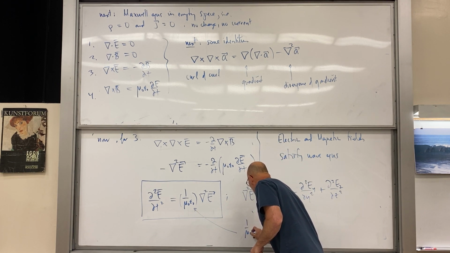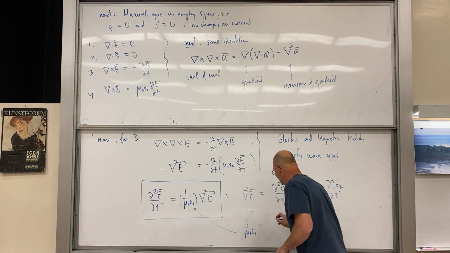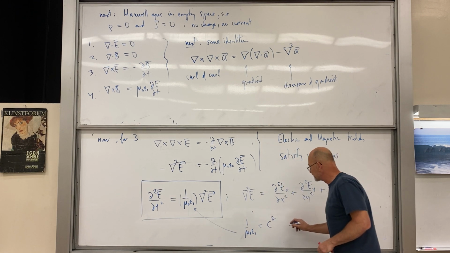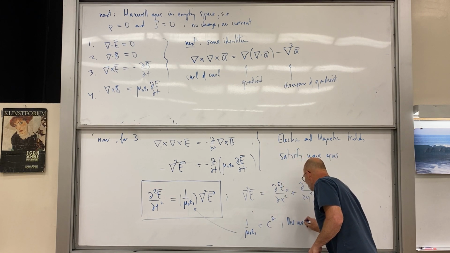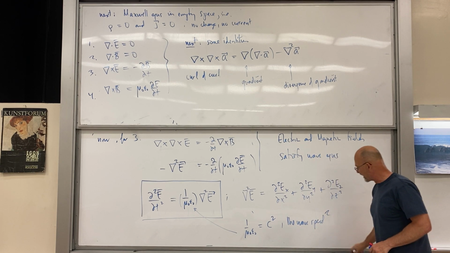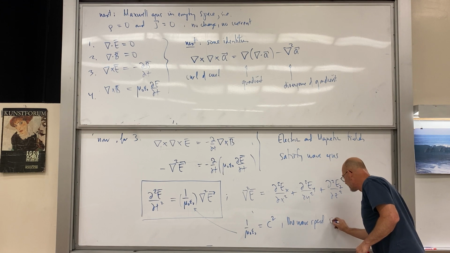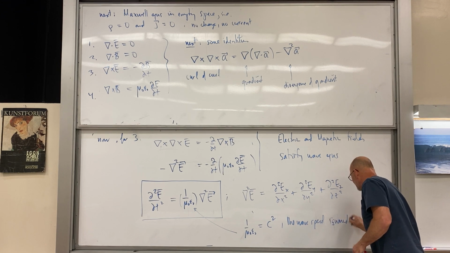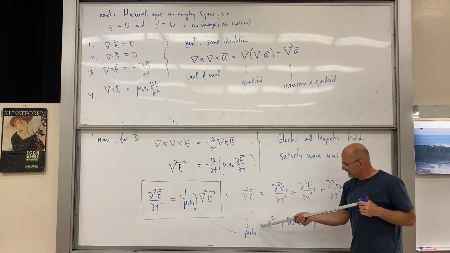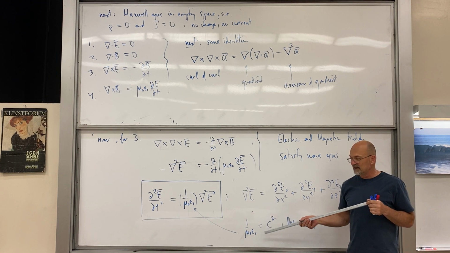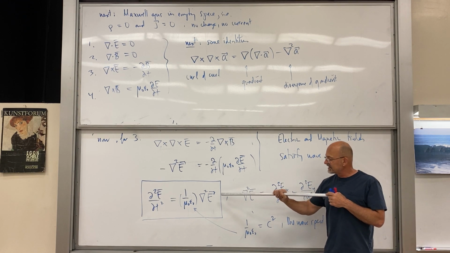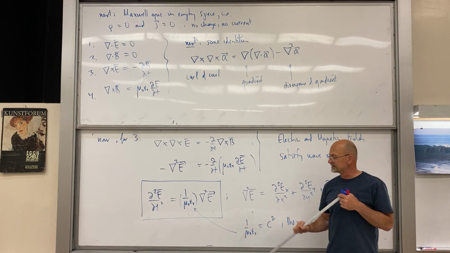So 1 over mu naught epsilon naught is equal to, I'm just going to call it c right away, c squared, the wave speed squared. And it turns out, and this was recognized at the time, this c here is the speed of light. So now the possibility is there that light itself is an electromagnetic wave.